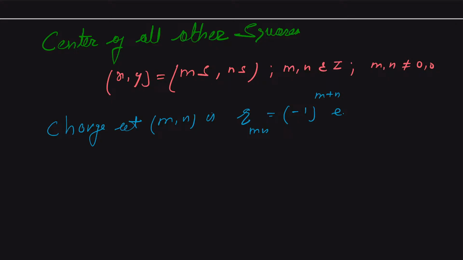Okay, because this is black, white, black like a chessboard, the nearest neighbor is going to have the opposite sign.